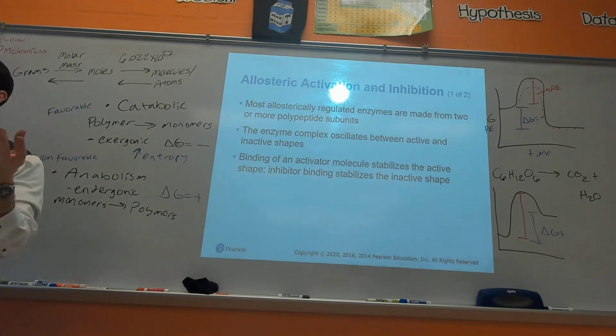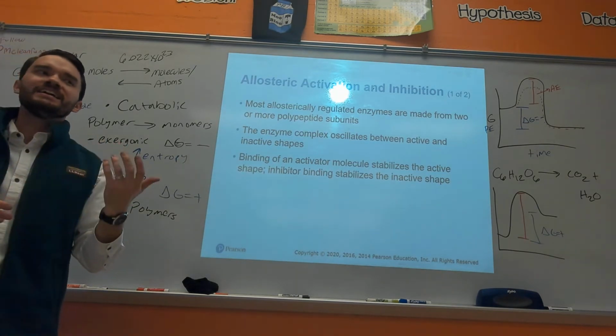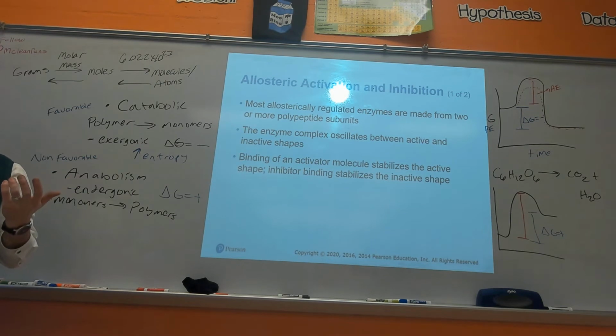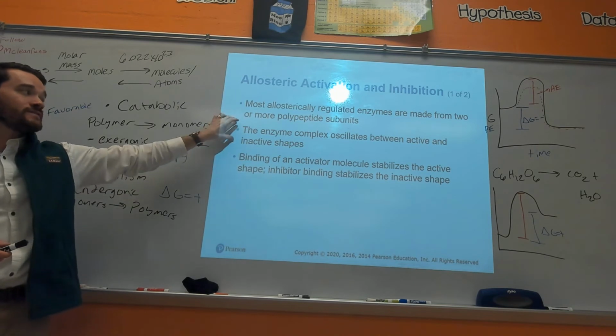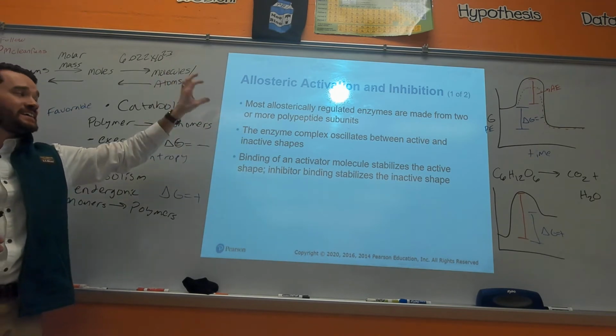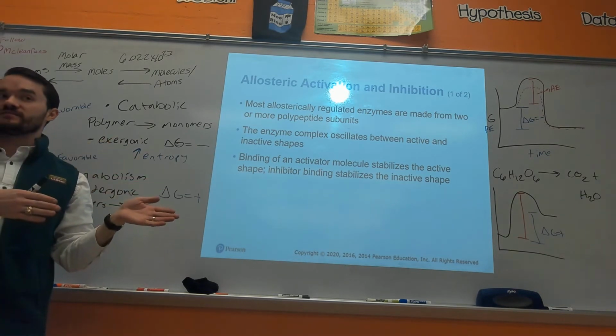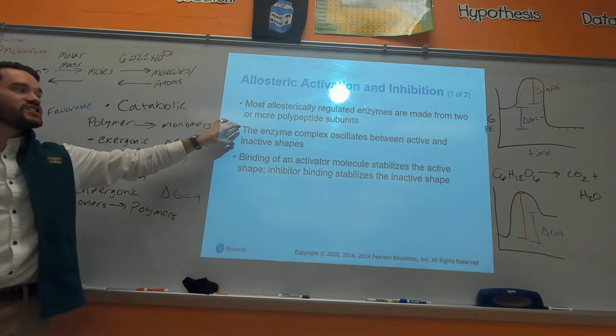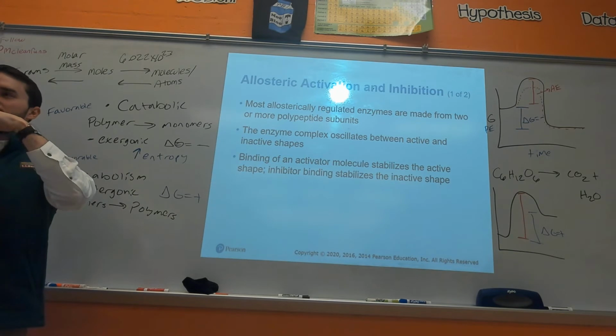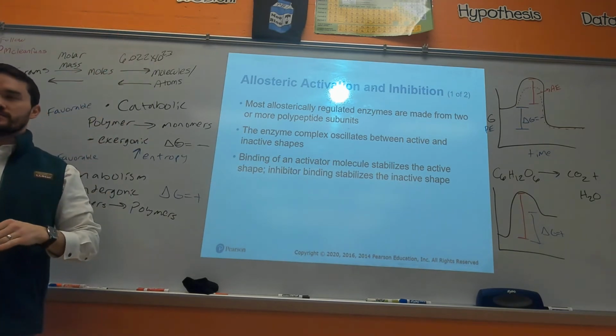If it was a smaller enzyme that was just one polypeptide, you would more just turn it off by competitive inhibition, just by having something that can shut off that active site. And again, even without an activator or inhibitor, the enzyme will naturally flip between being active and inactive. Okay? We can just change that baseline rate with the activator or the inhibitor.